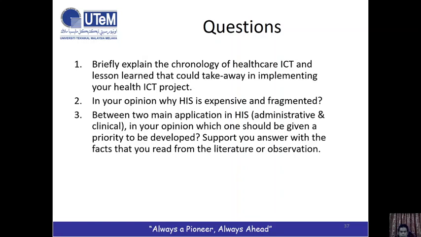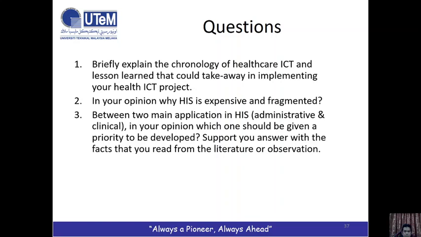And of course, when you want to decide something, you need data. So what is the data? The history. From the history you can learn. That I call lessons learned from the history. Okay, try to answer these three questions. You don't need to submit, but practice yourself.